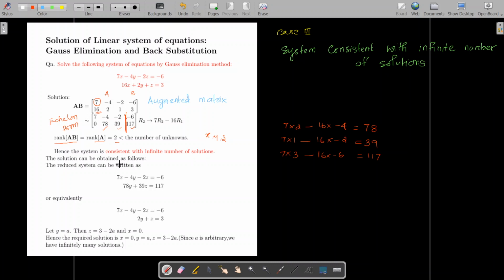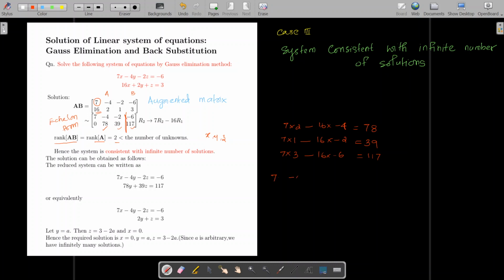Now we have to read the solution. We have to get the solution. The solution can be obtained by using the back substitution method. In order to do back substitution, let us first write the system corresponding to the row echelon form.